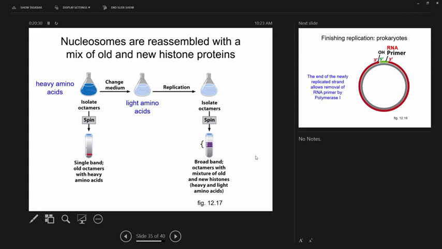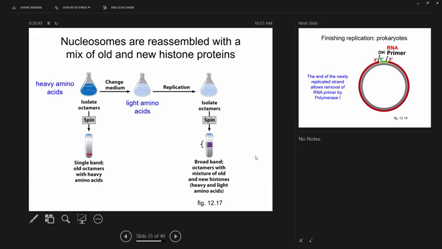All right. And so the question became, how does this work? So is it the old histones stay together in that octamer and then you make new octamers and they go in, or how is this done?